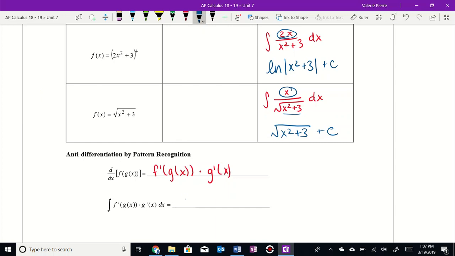Then our antiderivative will just be the antiderivative of the outer function with the inner function plus c. Okay, we consider that g prime of x gives us license to integrate.